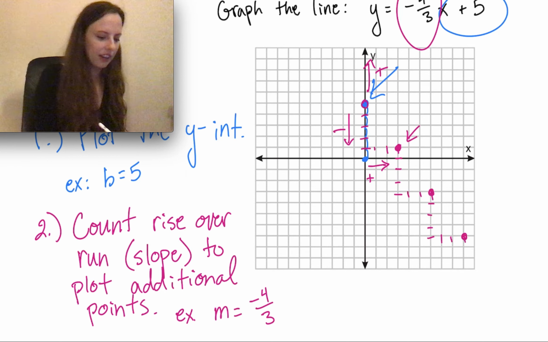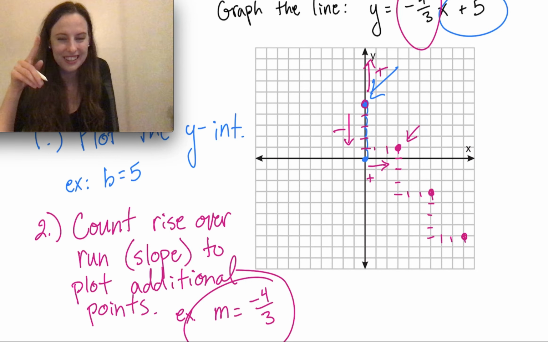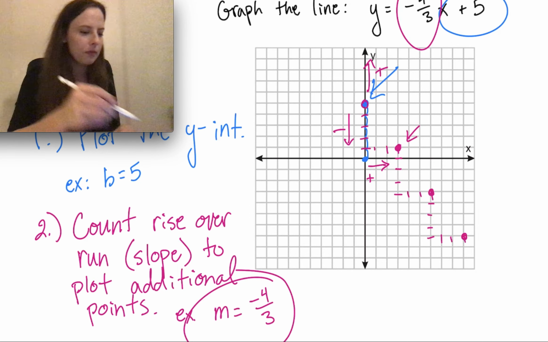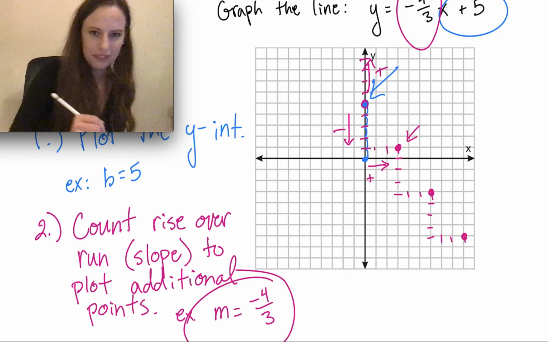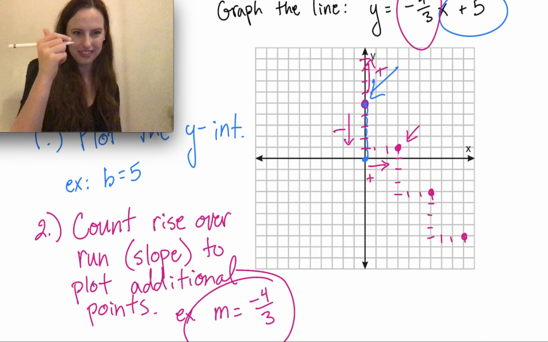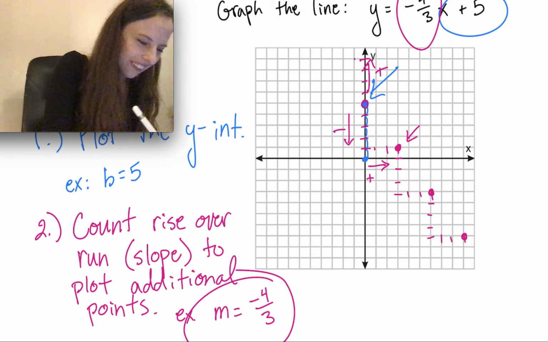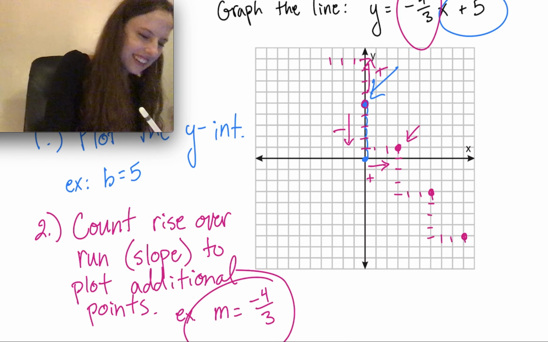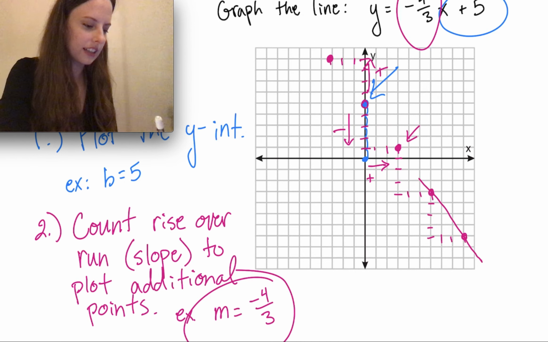If we have a negative slope, it just has to be that one of those directions is positive and the other one is negative. So if I go up 1, 2, 3, 4, and then go to the left, it's backwards on the video, 1, 2, 3, you can see how the pattern of those dots continues.